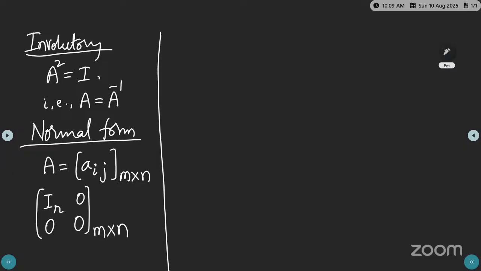Row transformations, column transformations, I had already given you last time. Listen, very simple. R_iz: ith row, zth row, interchange చేయడం. First one is interchanging rows. Second one is multiplying any row or column by a non-zero scalar.